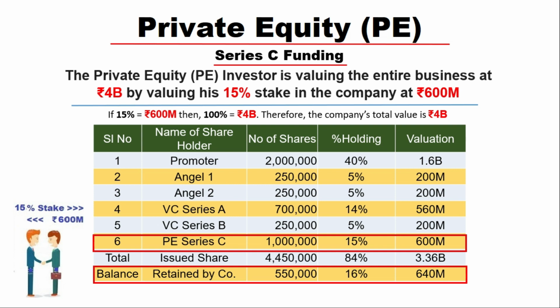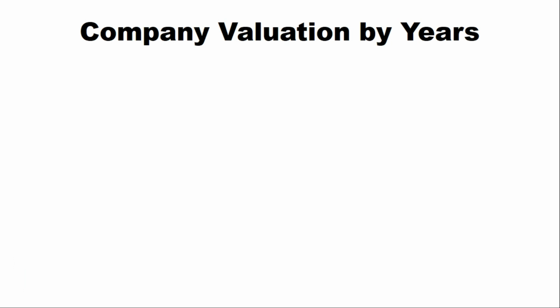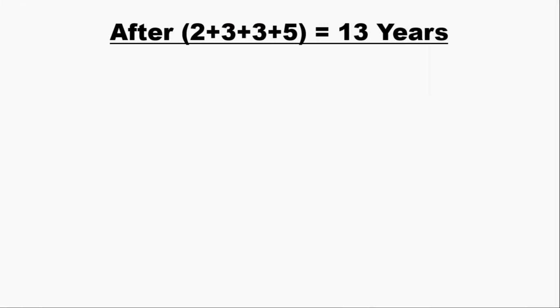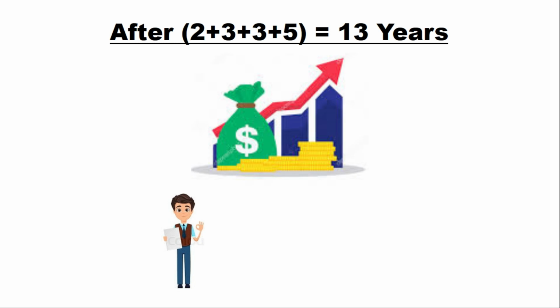After 13 years, 5 years after the private equity investment, the company has progressed really well. They have successfully diversified their product portfolio, plus they have a presence across all the major cities in the country.